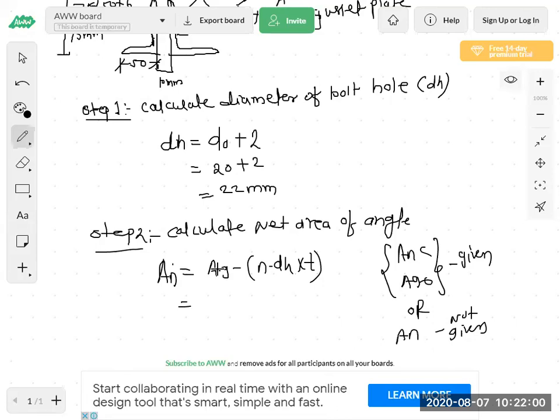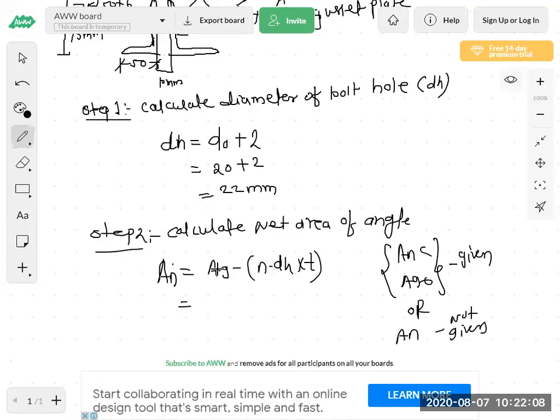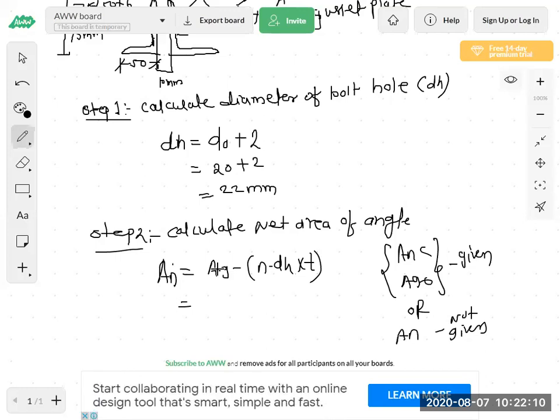If both the legs' lengths are equal, we call it an equal angle. If both legs' lengths are different, we call it an unequal angle section. So here the leg lengths are 75 by 50, it means unequal. Not equal. Are you getting? So you have to go to the unequal angle section.